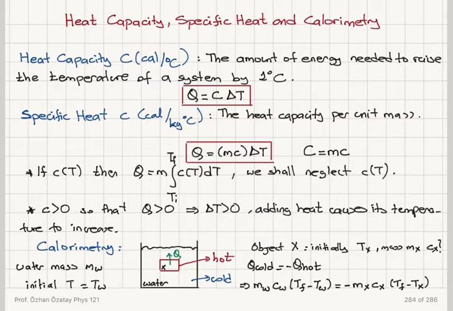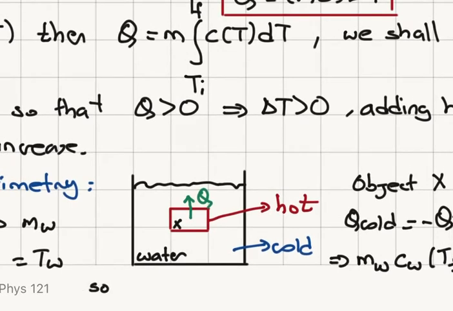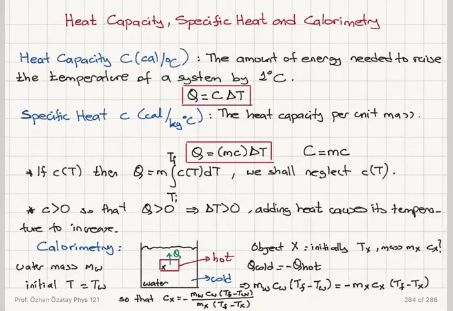So I can use this equation to get the specific heat of the object, which is given by minus mass of the water, specific heat of the water, T final minus T water, divided by mass of the object, T final minus initial temperature of the object.